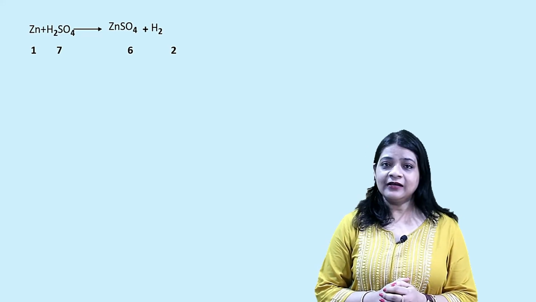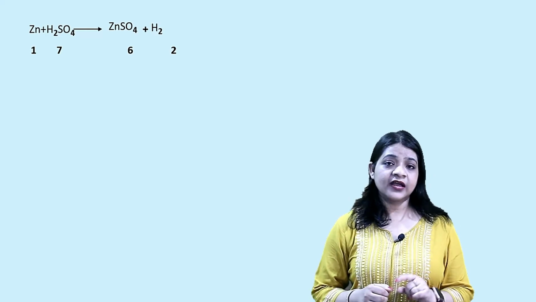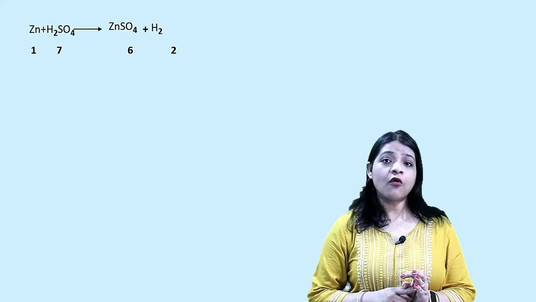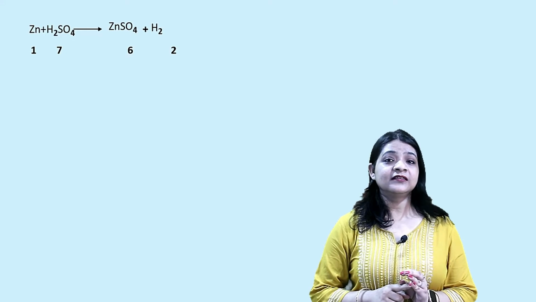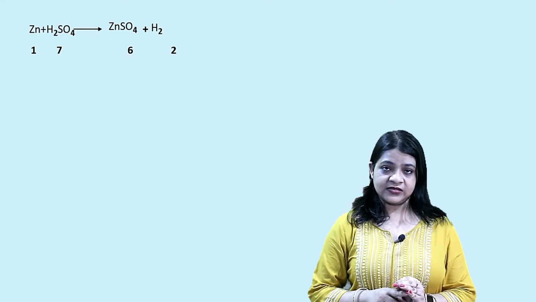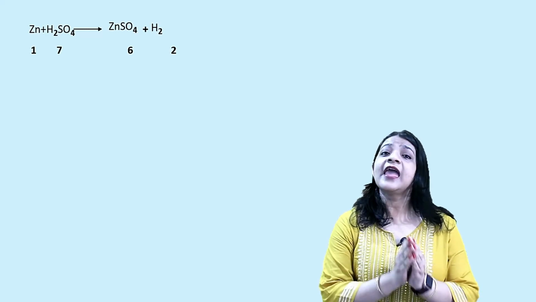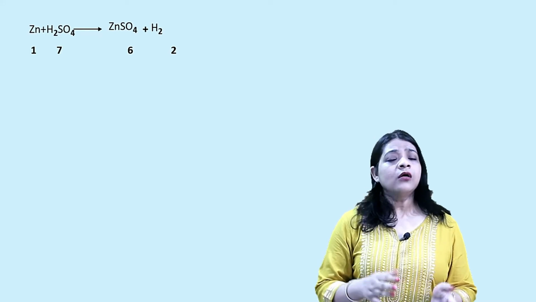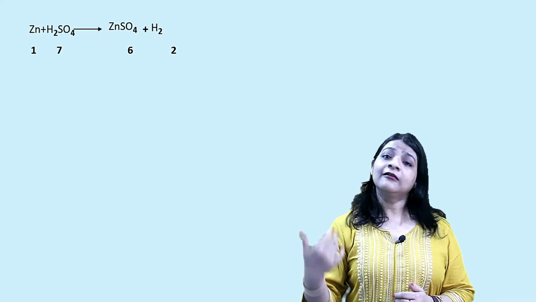Let's take the first example, that is Zn plus H2SO4 gives ZnSO4 plus H2. Now let's calculate the number of atoms in the reactants and in the products. Zinc is 1 atom; H2SO4 has 2 atoms of hydrogen, 1 atom of sulfur and 4 atoms of oxygen, that is 7 atoms. Now 1 plus 7 is 8, so 8 atoms are there in the reactants. Now let's go to the product side. Zinc sulfate is formed plus hydrogen gas.